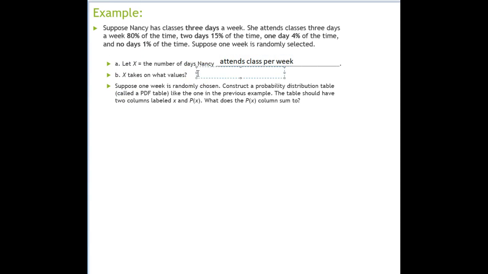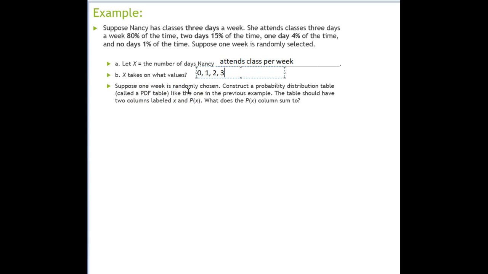So here we know that X is going to take on the values of 3 for 3 days a week, 2, 1, and 0. I'm actually going to rewrite those in order. And last, suppose 1 week is randomly chosen.